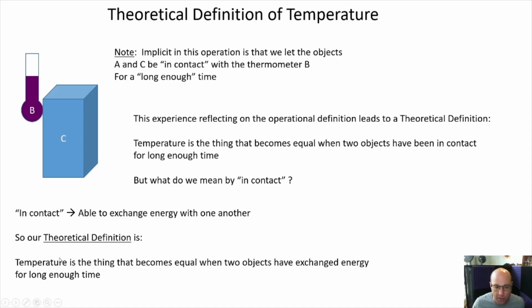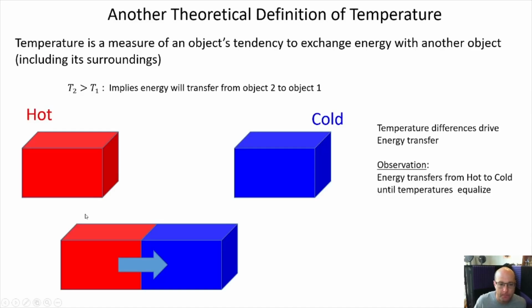This will become a definition that is heavily featuring in one of these arguments we make in this course that is weird and that takes a while for you to get used to. There's another definition that we can state that's related to that theoretical definition, and that is that temperature is a generic measure of an object's tendency to exchange energy with other objects.